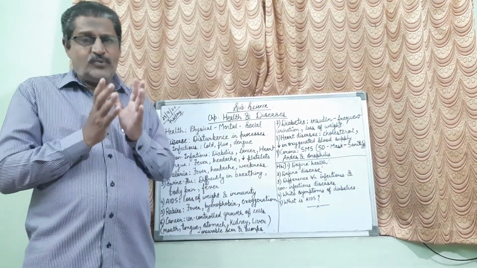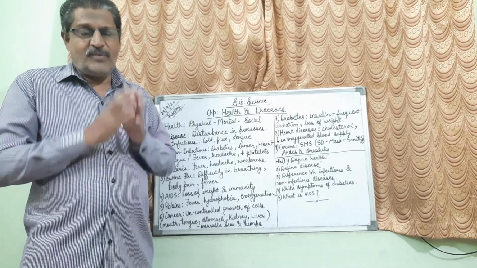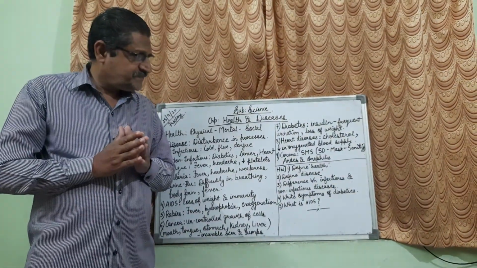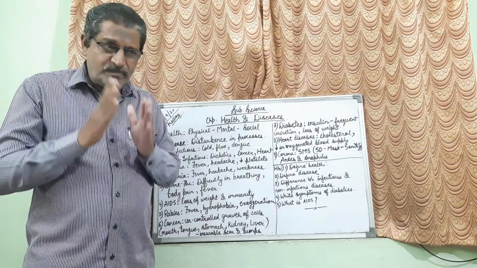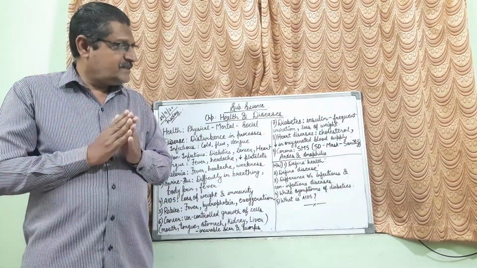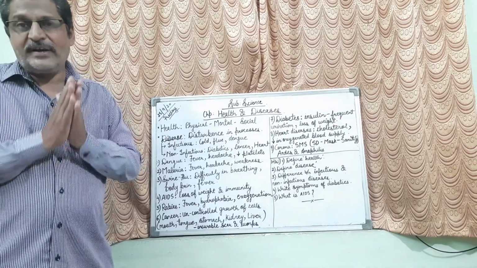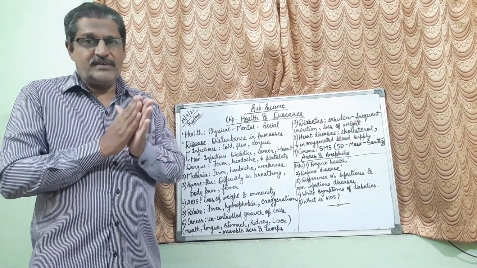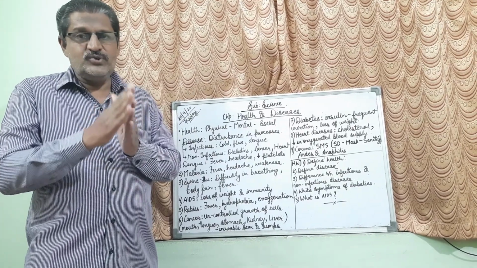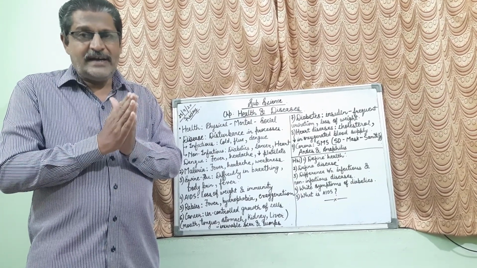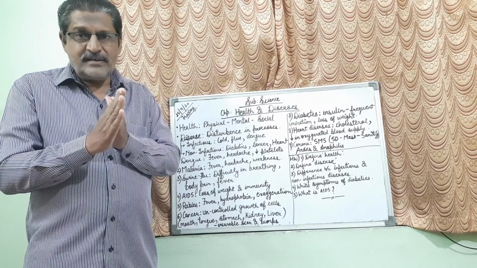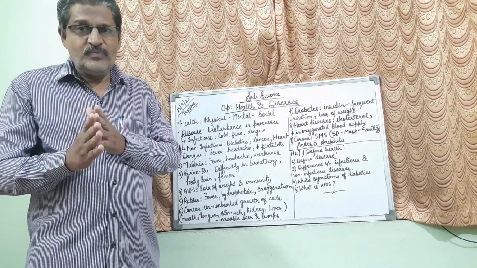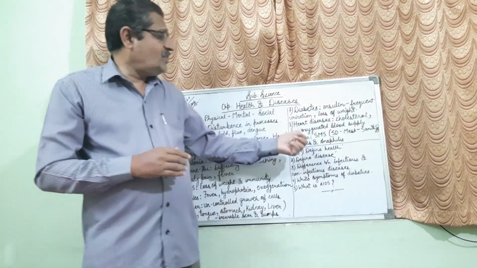Means you want to protect your body from corona. You should have social distancing. You should use a mask daily and you should sanitize your hands frequently. Means after every hour you should wash your hands or clean your hands with the help of the sanitizer, with the help of the soap, so that corona will not attack you.